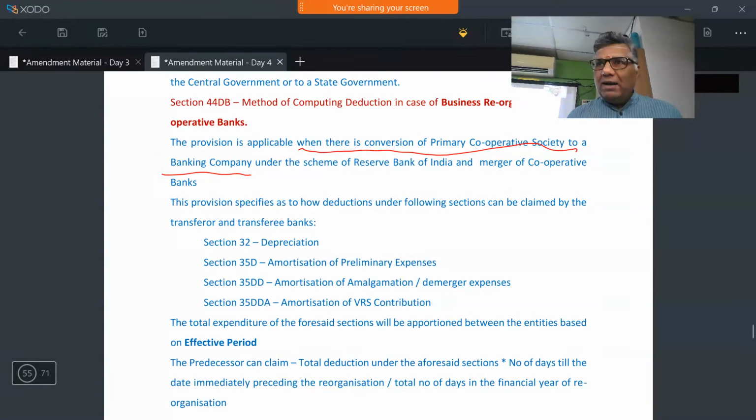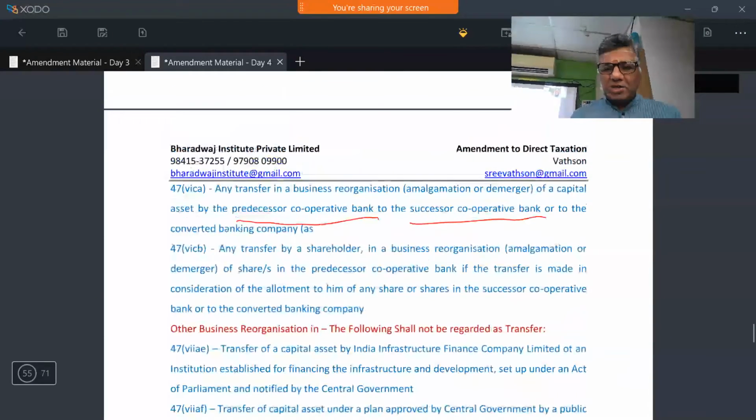That is where predecessor and successor come in. Somewhere in the law they have explained it. I haven't captured it. Predecessor here means a primary cooperative society, which is also a bank, but which was operating for a smaller circle of people. Now to a successor cooperative bank, it becomes a bank.